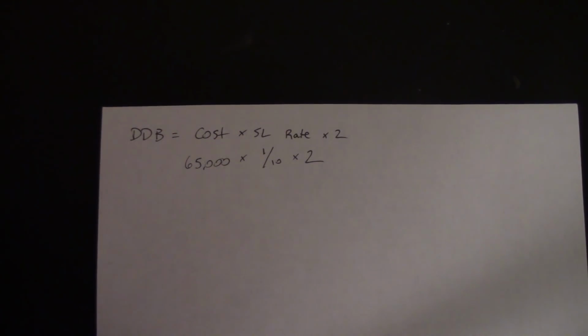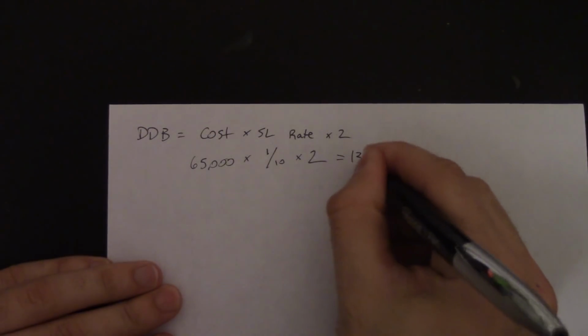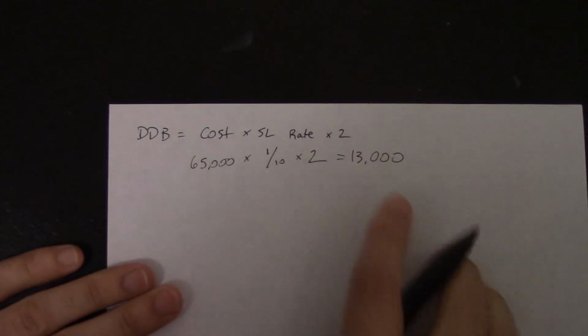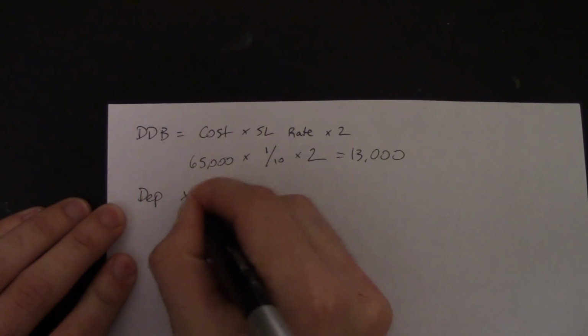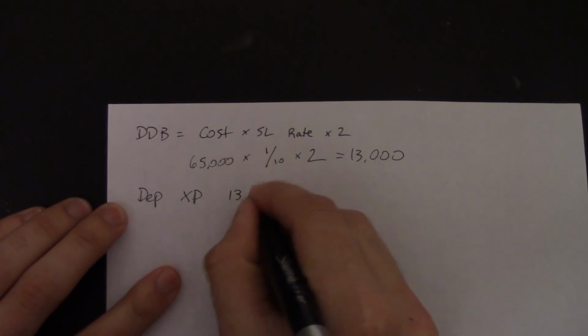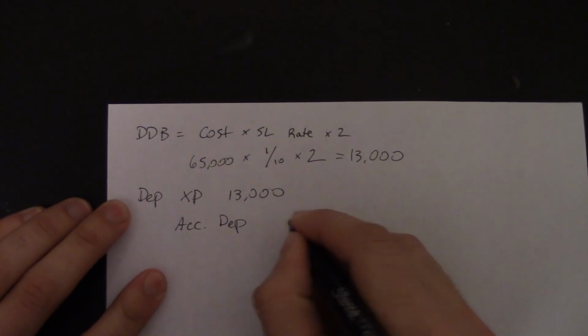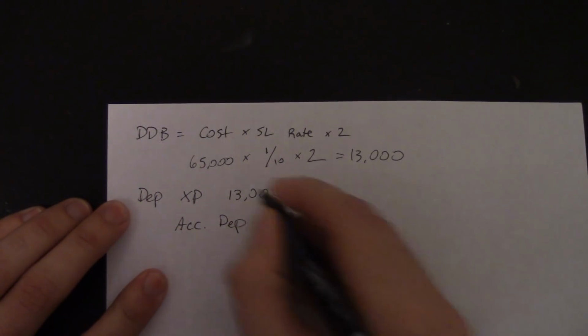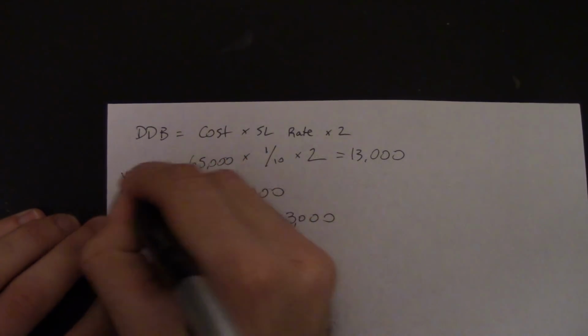Calculate that out. 65,000 times 2 divided by 10, and you'll get 13,000. This 13,000 is our depreciation expense, so we will debit depreciation expense by 13, and we will credit accumulated depreciation by 13 as well. That is year 1's journal entry.